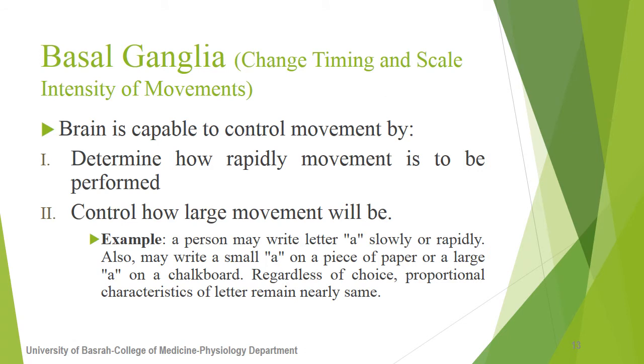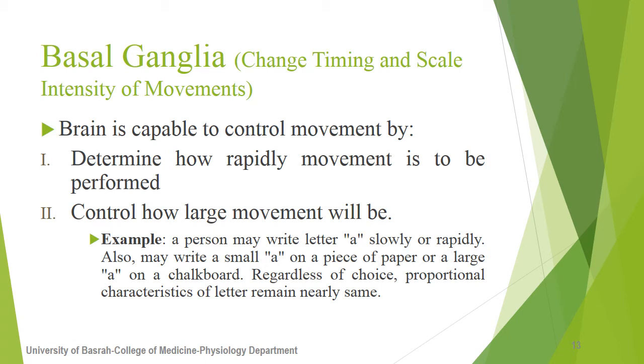Now we will discuss the function of the basal ganglia. It's a complicated function, but we will try to make it easy for you. It is important in maintaining the timing and scaling of a specific movement.